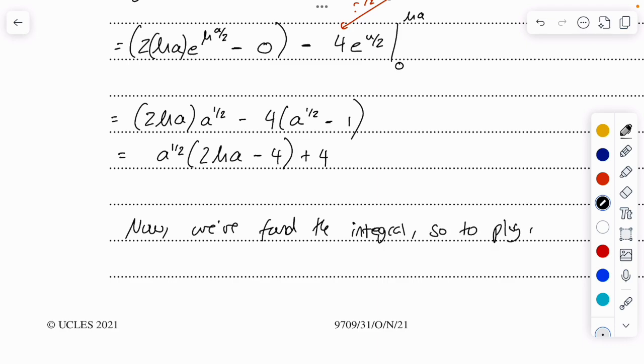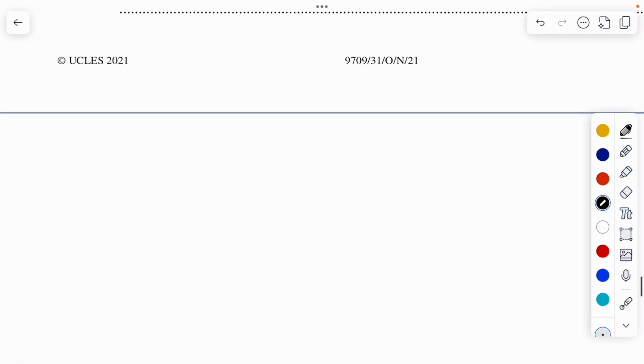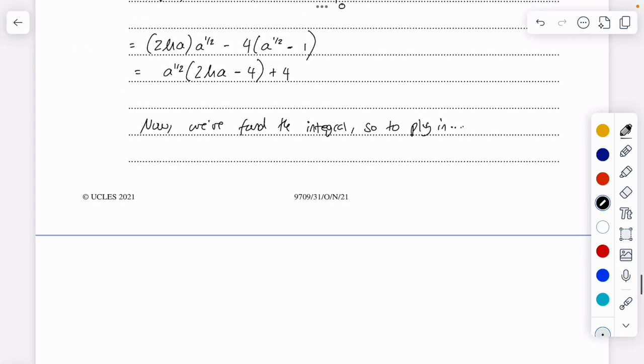The next step is to plug in. If we plug in now, we get a to the half times 2 ln a minus 4, plus 4, that equals 6.